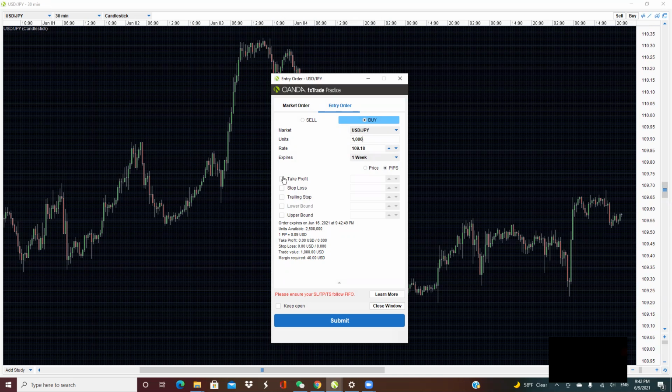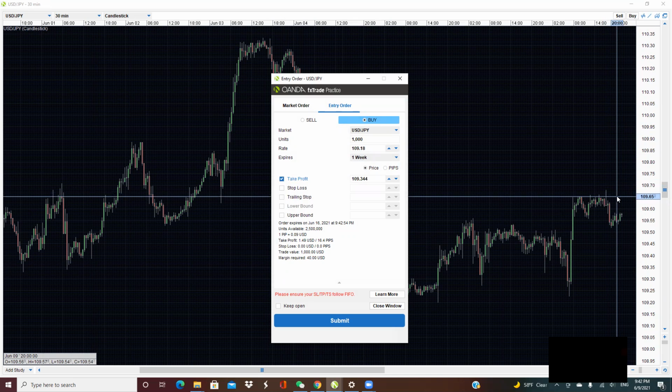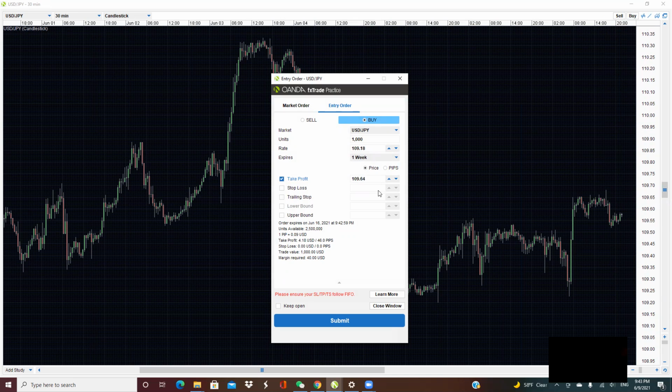And then I'll take profit, say at a price around this level, say 64. Then we convert it to the pips range, it's 46 pips. So each pip is about 10 cents, so we're making about $4 here.